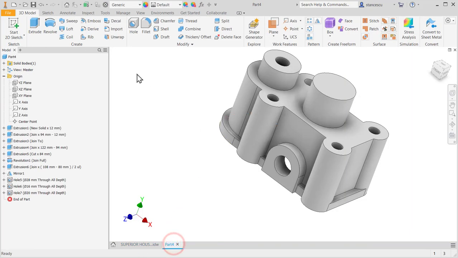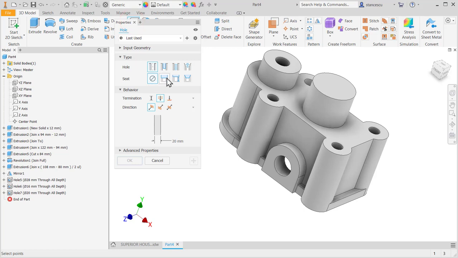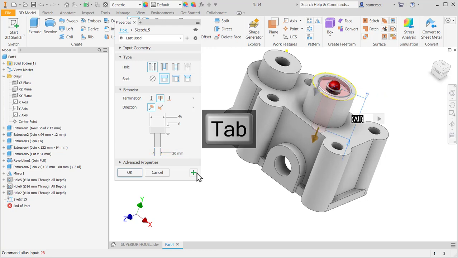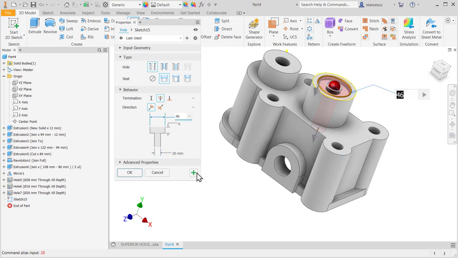Good. Hole, counter bore, face, concentricity, and data are 28, tab, all, tab, 46, okay, 46, 6. That's all. This is 28. Enter.